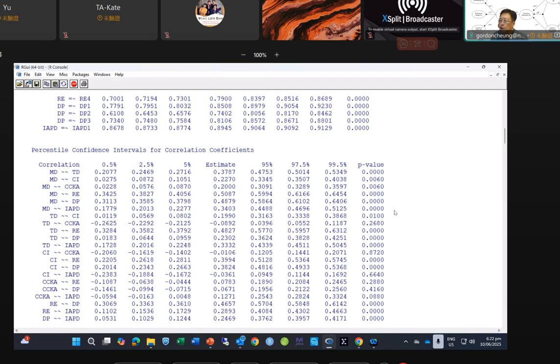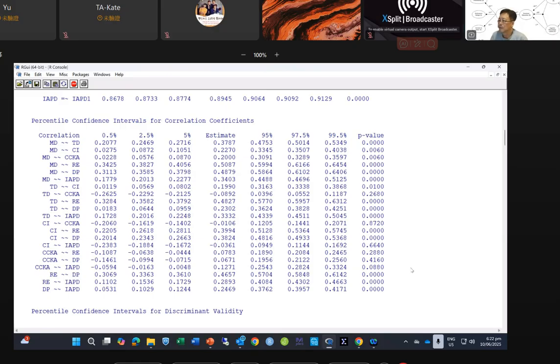Let me see, correlation coefficients. Can you find that? Do you see the p-value? Then you can plug in this asterisk yourself.